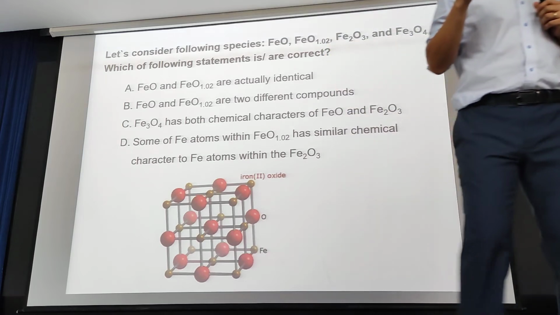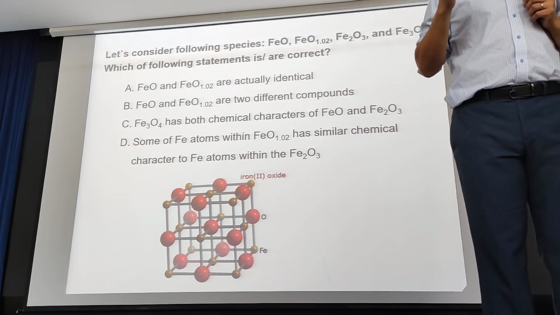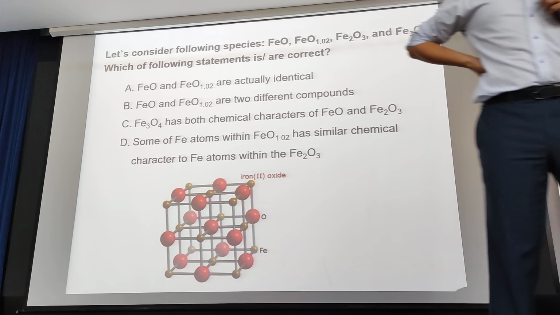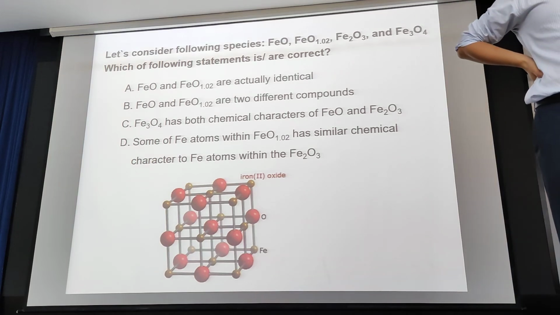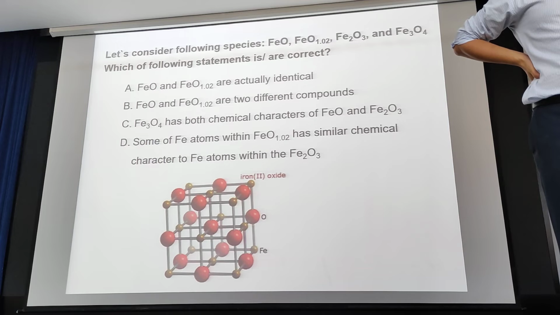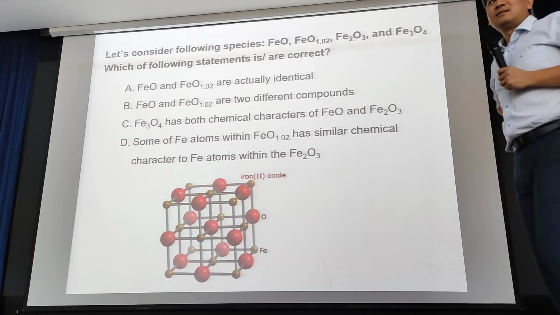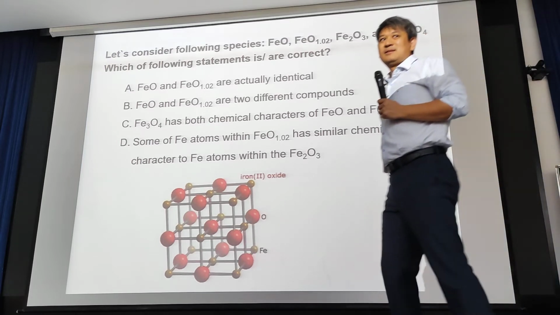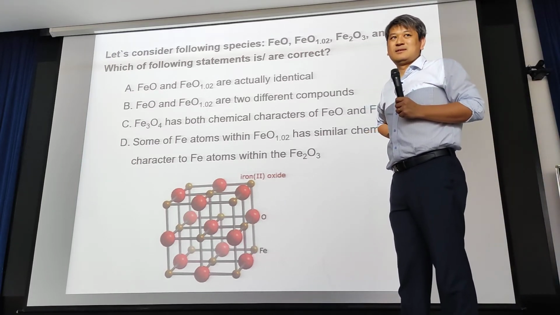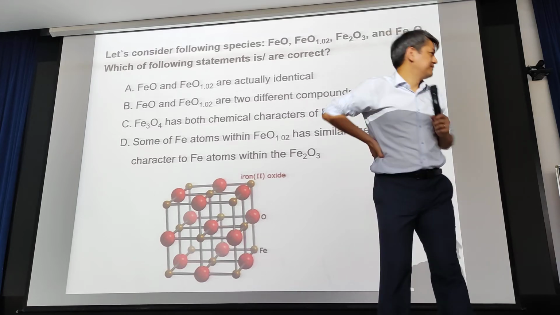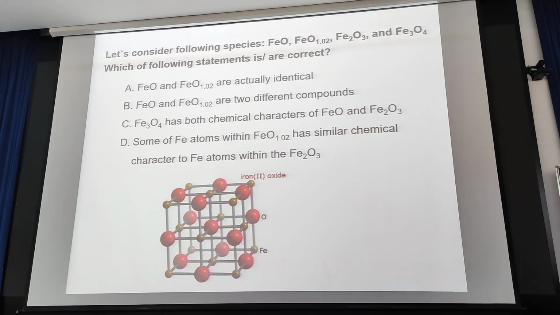Do you get what I mean? So that the ratio between the iron and the oxygen will not be 1:1. Some of them are iron 2 and some of them are iron 3. So we achieve an iron to oxygen ratio of 1:1.02, I guess.